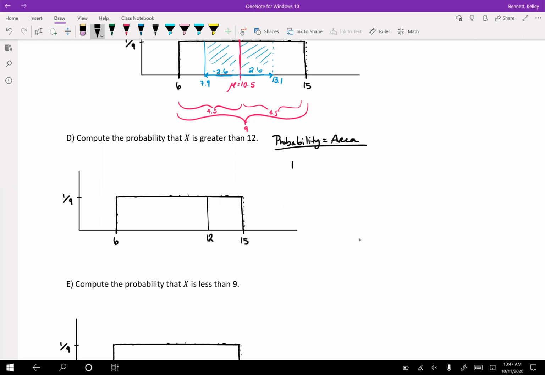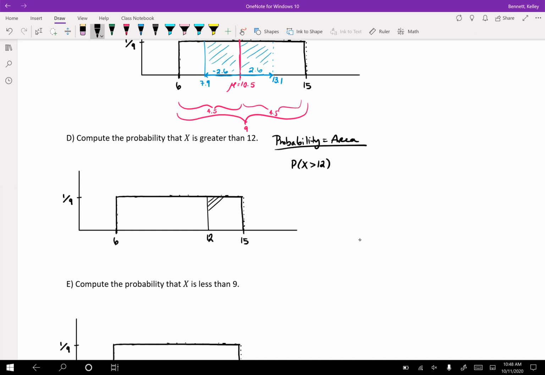And so the probability that x is greater than 12, remember that this is the same as writing x greater than or equal to 12, because that single point of 12 has no width, and the probability of a single value happening is 0 when you have a continuous distribution or a continuous random variable. All right, so I'm just going to leave it as the first one.